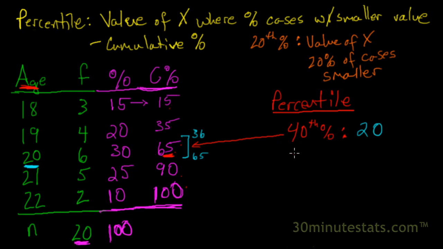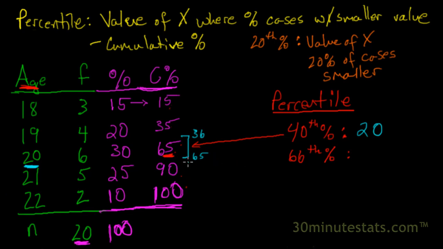We'll say we have the 66th percentile, and we start at the lowest category. 15 is smaller than 66, 35 is smaller than 66, 65 is just smaller than the 66th percentile, but it still is.